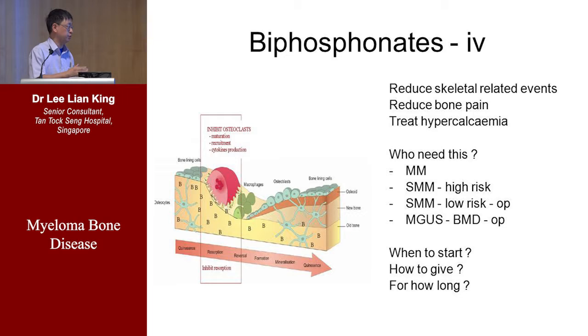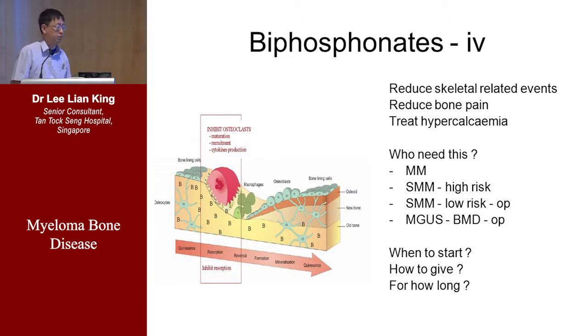Whereas for low-risk patients, where the risk of progression to myeloma is not that high, we will treat them as though they have osteoporosis. That is a lower dose, less frequent use of bisphosphonate, or even just oral bisphosphonate.